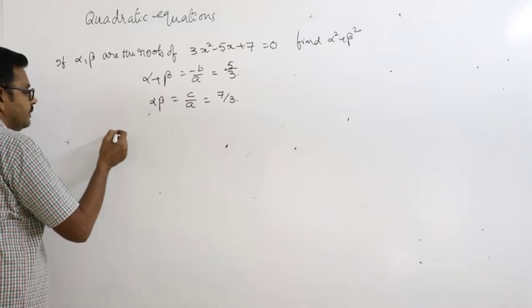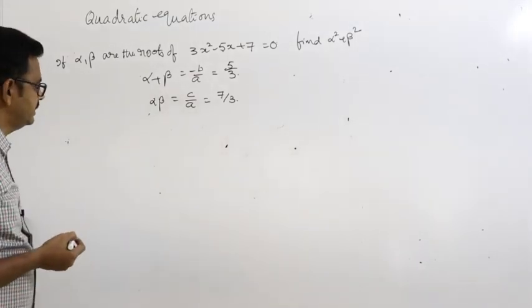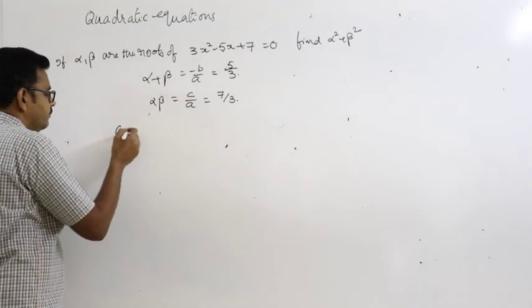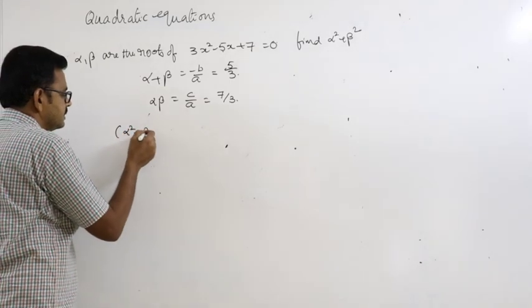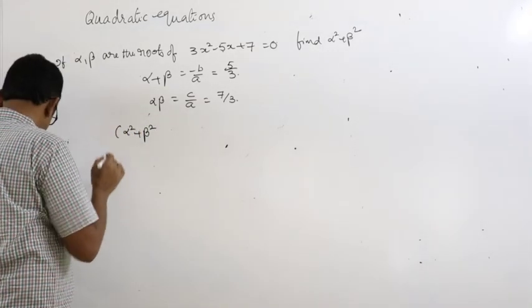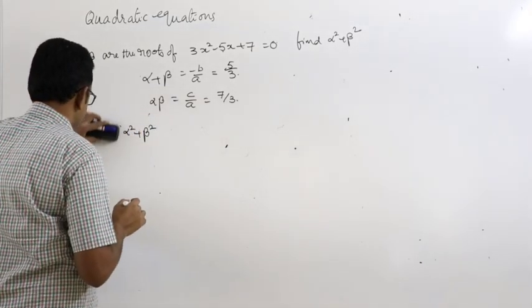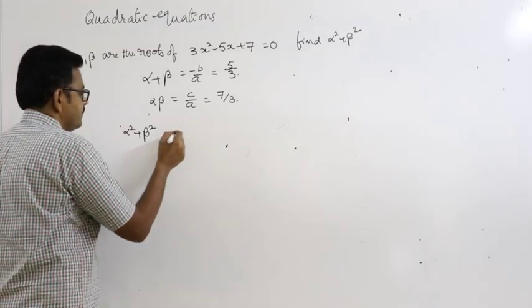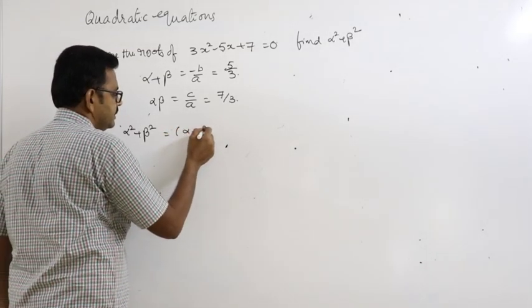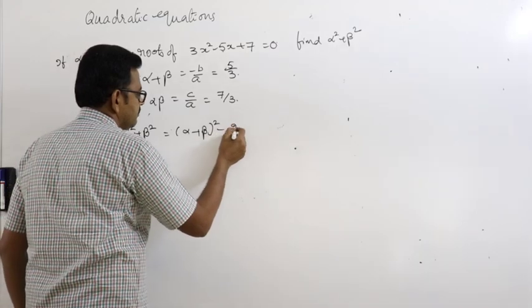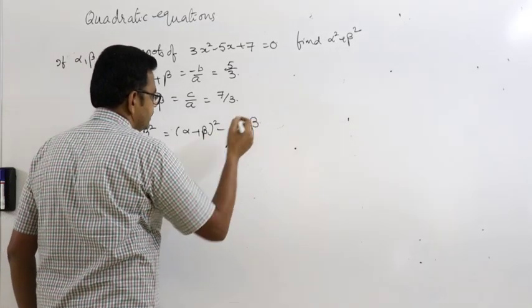Now you have to find alpha square plus beta square. Alpha square plus beta square is equal to alpha plus beta whole square minus 2 alpha beta.